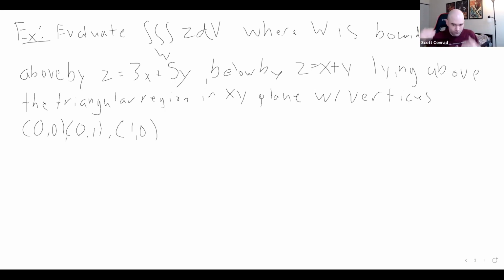So this is a z-simple region. We have a top surface and a bottom surface. So we're told our top surface is z equals 3x plus 5y, and our bottom is z equals x plus y. So we have bounds for z already. We're also told that this lies above the triangular region in the xy plane with vertices (0, 0), (1, 0), and (0, 1). So let's sketch that real quick.